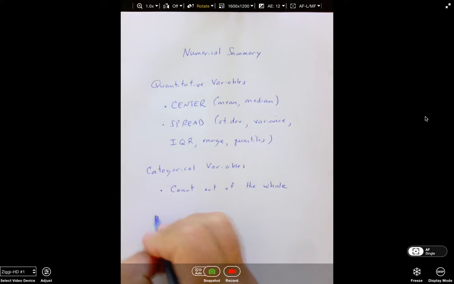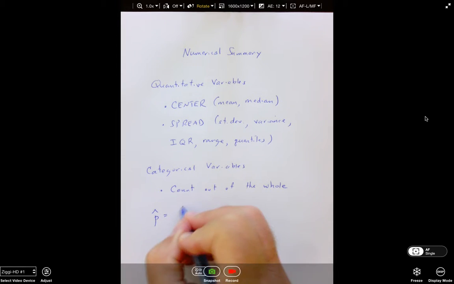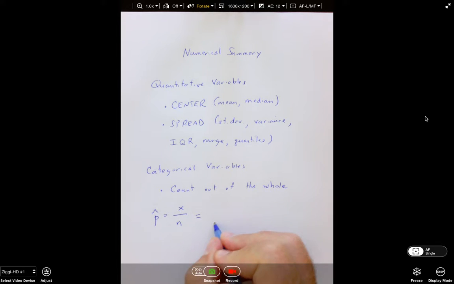And we do that by what we call p hat, which is the count, represented by x, out of the whole, represented by n. Guys, remember this can be expressed as a decimal or a percentage. 0.32 or 32%. Okay, so guys, it's that simple.